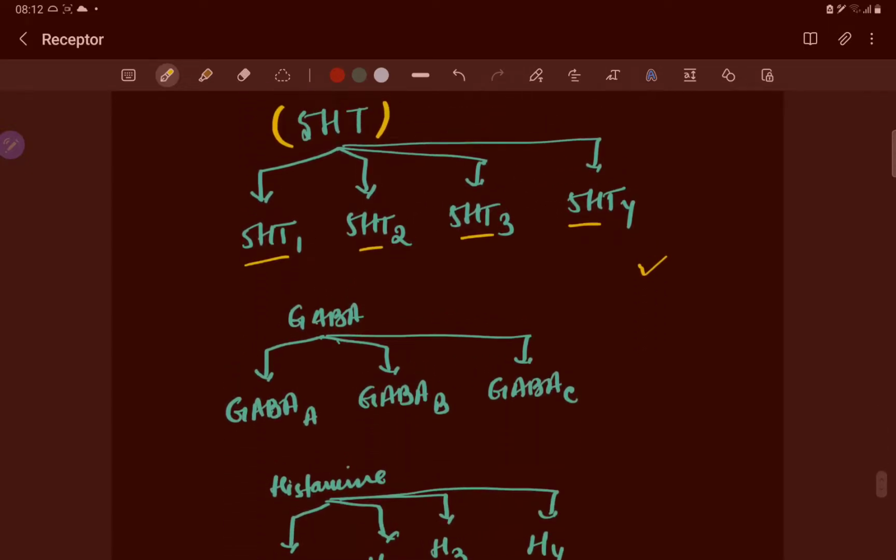Now GABA has GABA A, GABA B and GABA C. It is an inhibitory neurotransmitter, and it has three receptors. When we learn about benzodiazepines and barbiturates, you'll see they act on receptors similar to those of GABA.